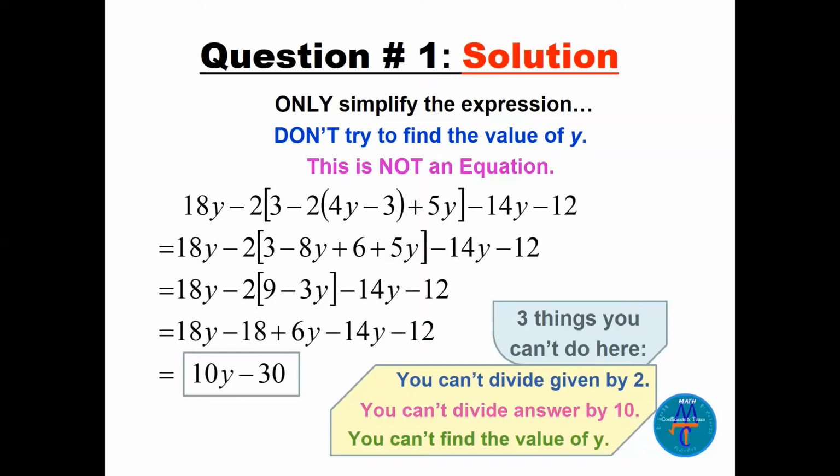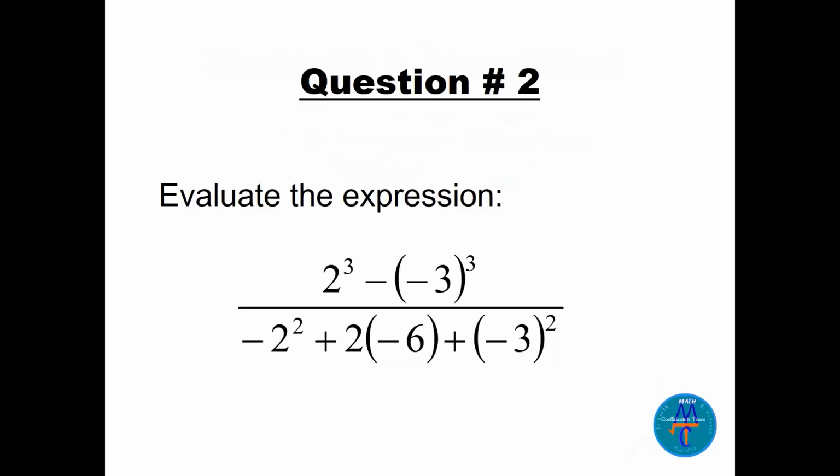Second, you cannot divide the answer by 10, even if it looks nice. 10y minus 30. Maybe some people will say, okay, let's divide by 10. Completely wrong. And the last thing, you cannot find the value of y. Don't put this equals 0 and find the value of y, because we don't need y here. Okay, now let's go. Take a little pause, please.